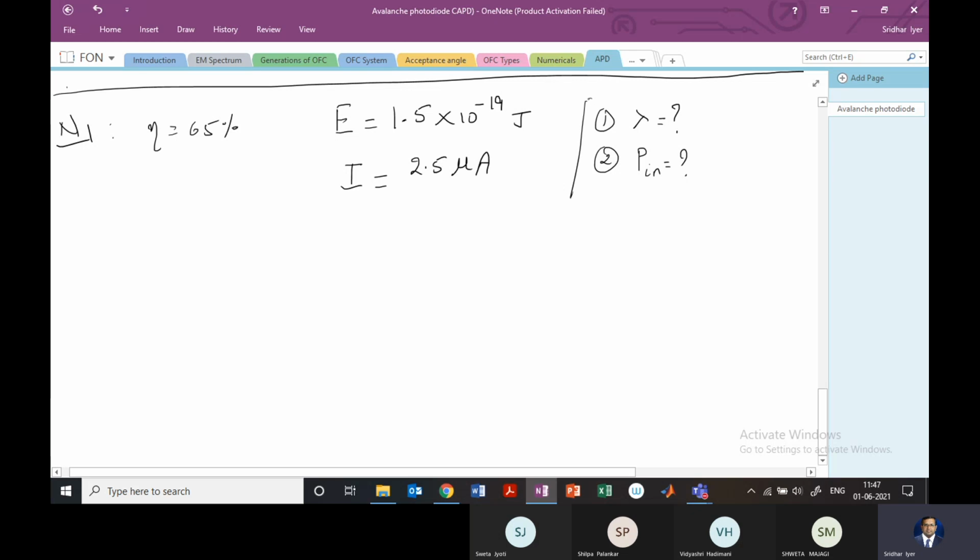So these are the two parameters we need to calculate, lambda and the incident power, and we are given the quantum efficiency, the energy, and the current, right?